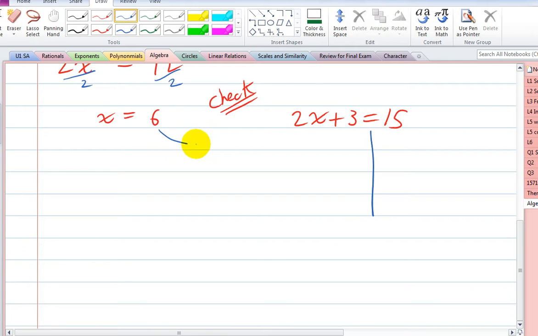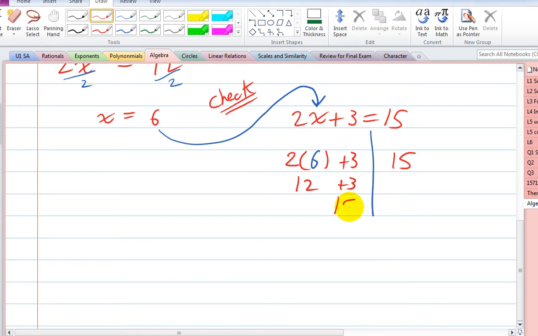So we have x equals 6, and we substitute that in for x. So we get 2 times 6 plus 3, and 15 stays on the right side. Then we get 12 plus 3, and then 15 and 15. We do a check mark: left side equals the right side. The more effort you put into your checks, the better you're going to understand it, folks.